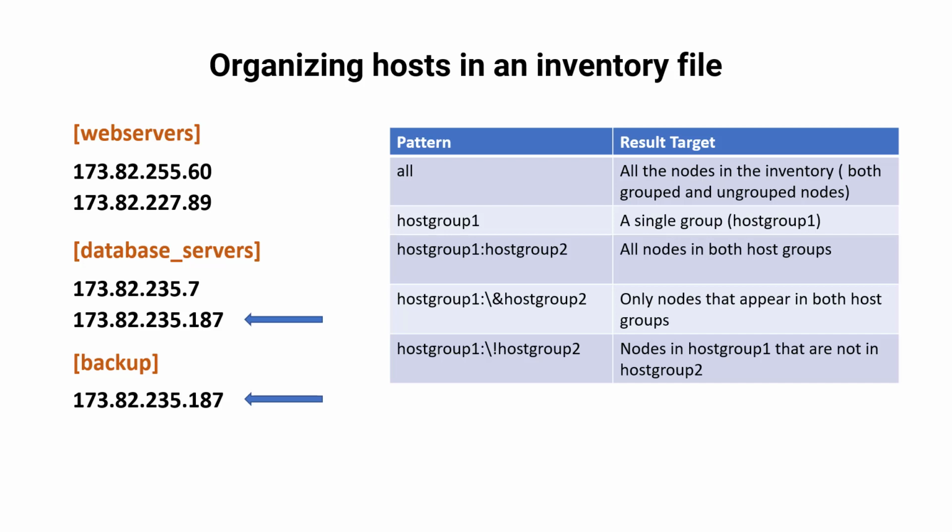Okay, you can also target all the nodes that belong in multiple host groups, by specifying the host groups separated by a colon. Okay, you can also target the nodes that appear in both host groups only. Okay, so this is how you do it. All right, then finally, you can target the nodes that appear only in one host group and not the other. All right. So let's get our hands dirty and have a look at some of these commands.